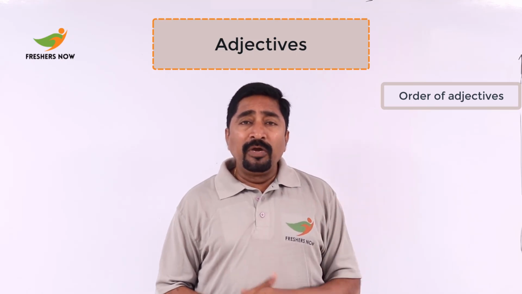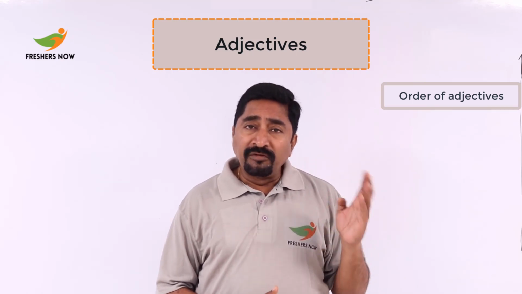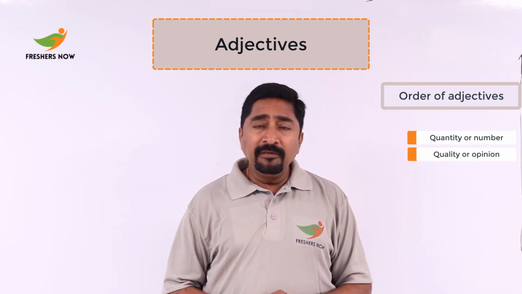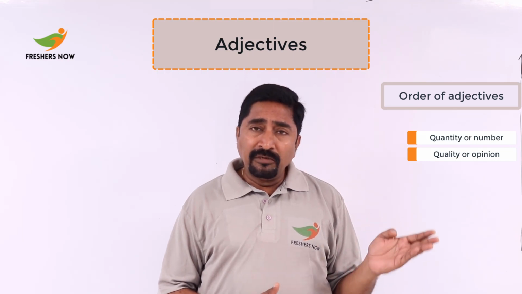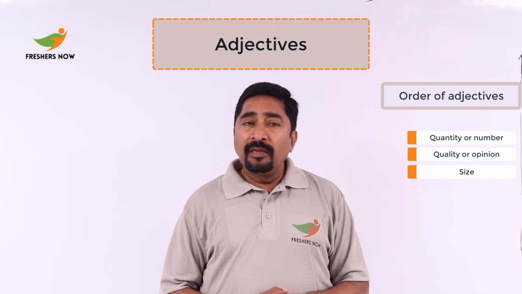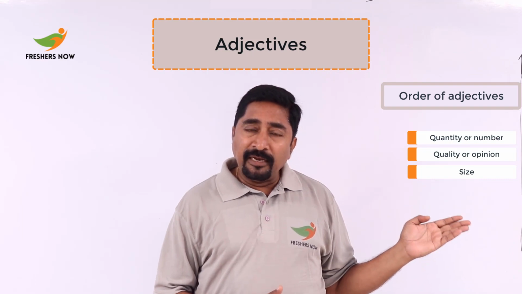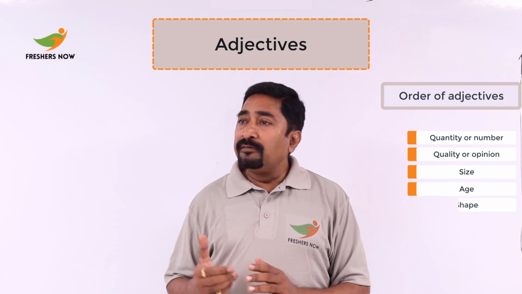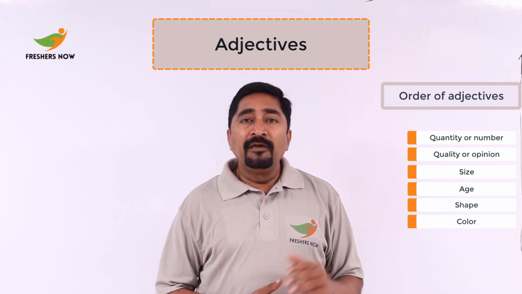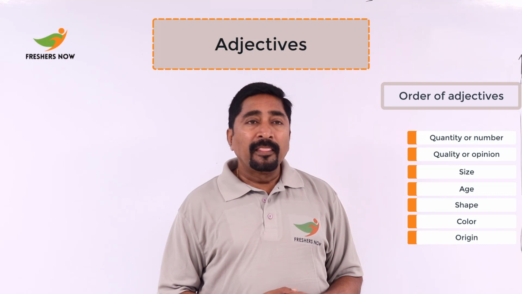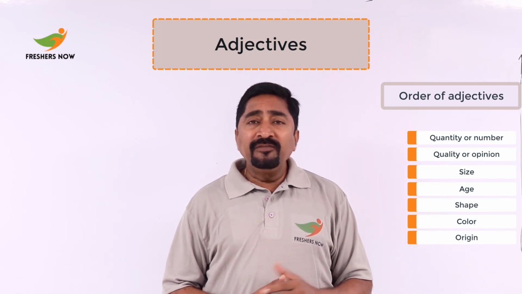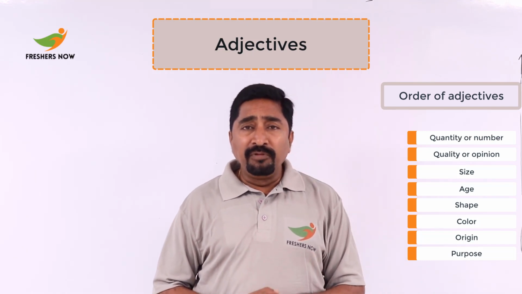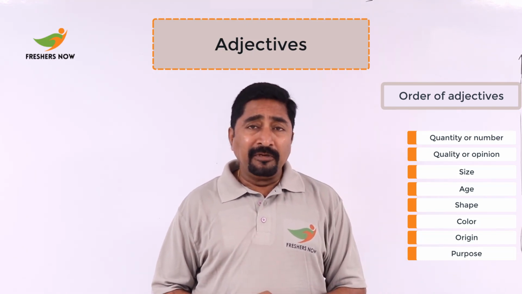The order starts with quantity or number, quality or opinion, size, then age, shape, color, origin, and purpose. When I say origin, it refers to nationality, the name of a place, or even a material.